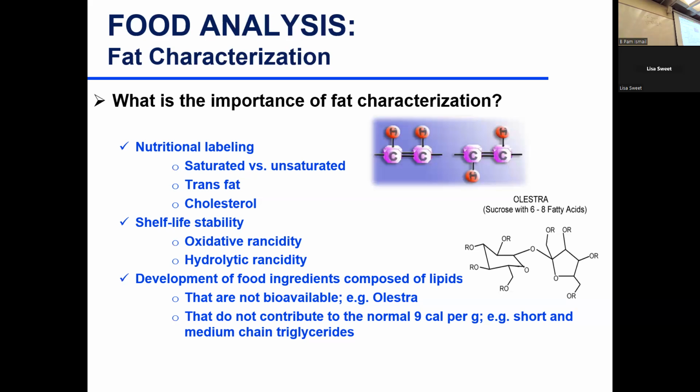Basically they use short chain, medium chain fatty acids. So it gives you similar mouthfeel potential, but you're not getting the caloric intake. So we also need to understand the use of different types of ingredients that mimic lipid or have functionality similar to lipids.